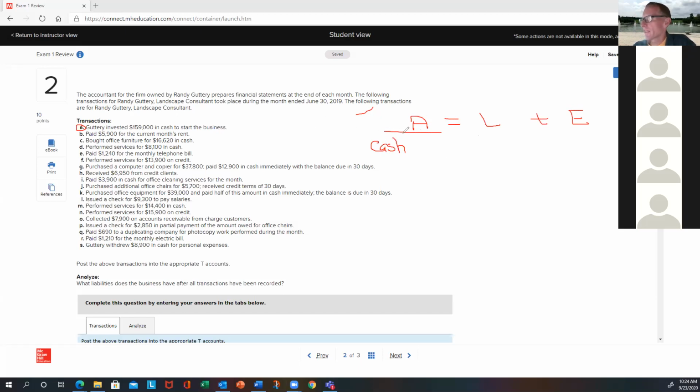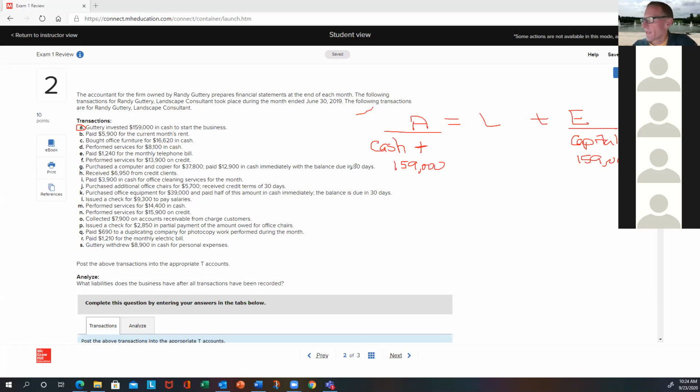We know cash is an asset, and cash would be increasing. Because this is an investment, that would go under capital, one of those equity transactions, and capital is also increasing. Cash increases 159,000, and because the equation has to balance, capital in this case will also increase by 159,000.